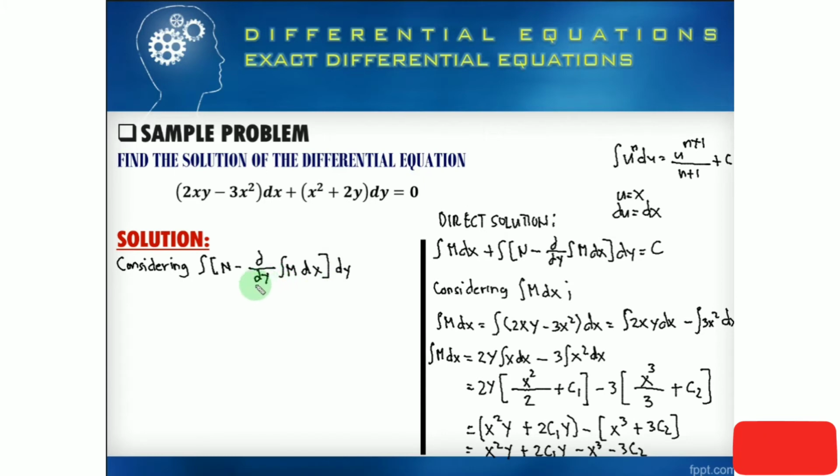So this integral of m dx, we already have here, so we can still use this one. Proceeding, this is just equal now to the integral of n minus this partial derivative with respect to y of your integral of m dx, dy.